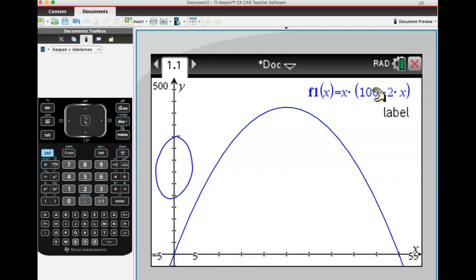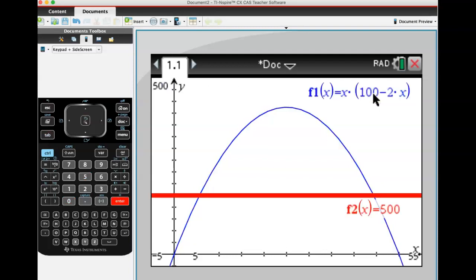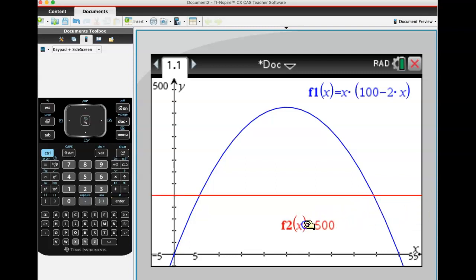Well, in order to see that, if you remember, we can hit tab and we can graph the horizontal line of 500. And then we can see the intersection of these two, and that's where it would be.